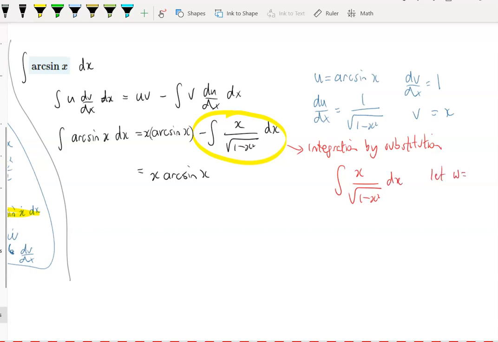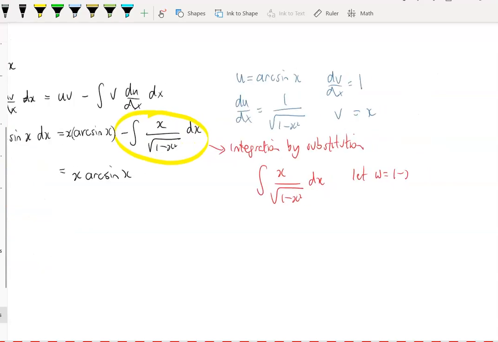Let's call it w is equal to 1 minus x squared. So dw/dx is equal to negative 2x. So dx is dw over negative 2x.